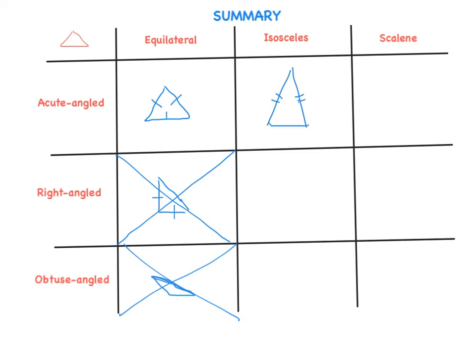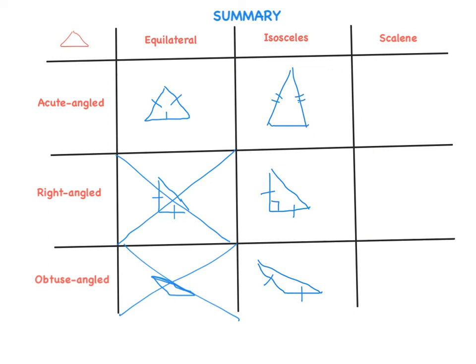All angles are acute. Then we have right angle. So let's start with right angle. This side is exactly the same as this one. Right angle in here. Done. And the last one, obtuse angle. So the same, start with obtuse angle. This side the same as this one, and we just need to join them. Okay?